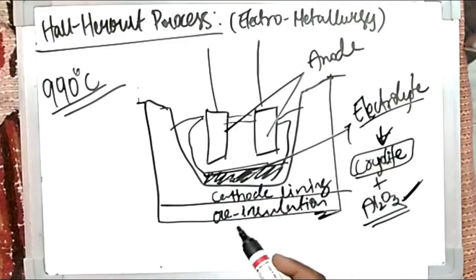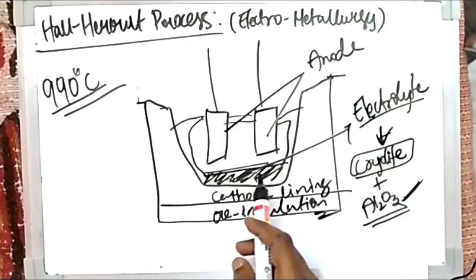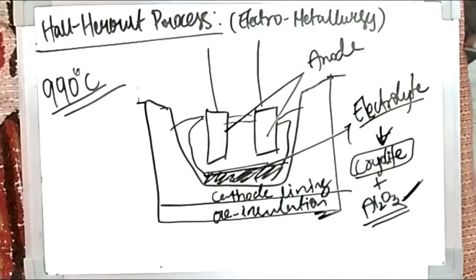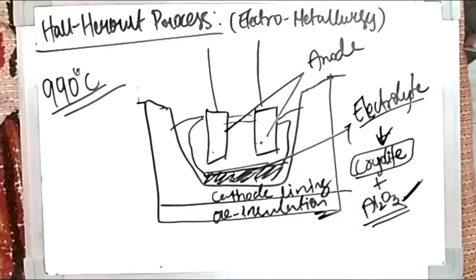Obviously O2- will go to the anode, and this aluminium which is formed will be deposited at the bottom on the cathode lining. Whatever necessary heat, it is usually supplied by the resistance offered between the electrolyte and these anodes. So the current is produced, and because of the current, there will be some necessary heat.